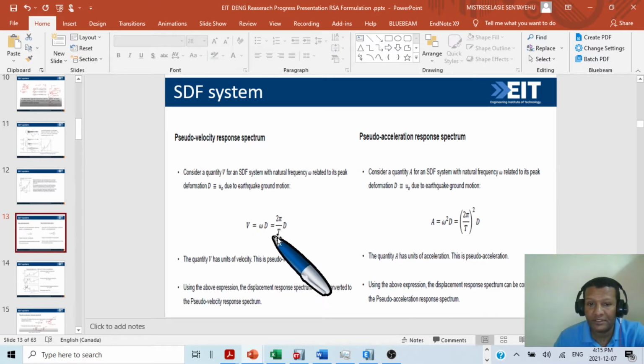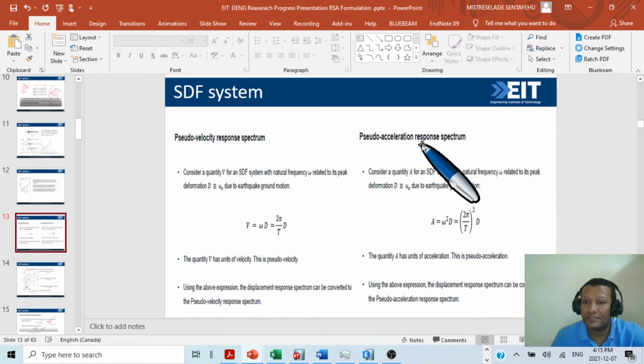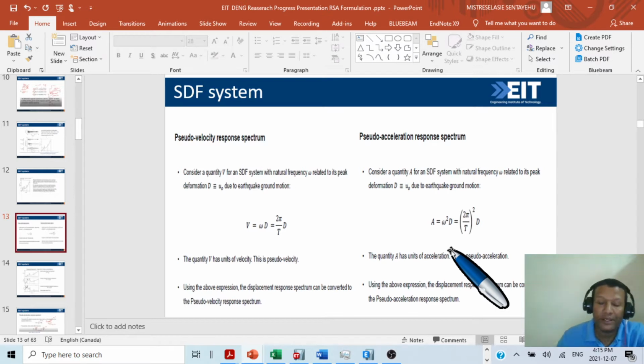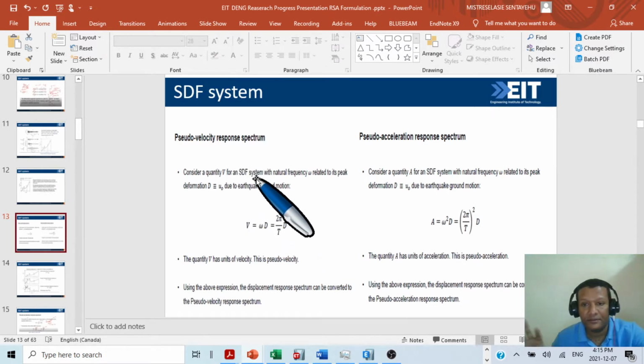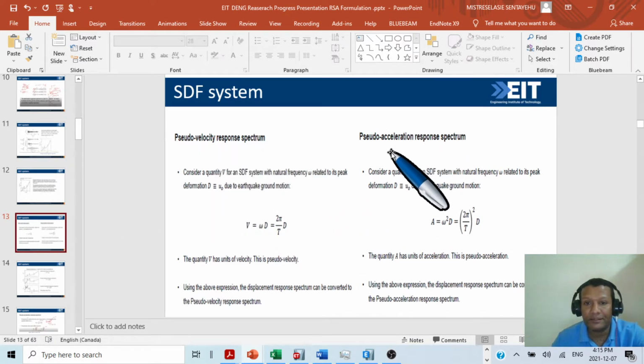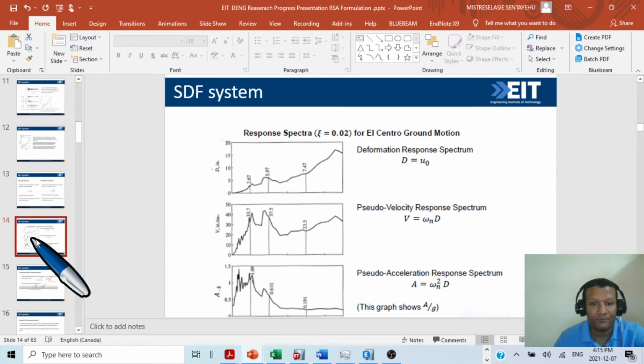Omega is 2 pi over T, so 2 pi over T times D gives us the pseudo velocity. This is how we change it. Again, for pseudo acceleration, omega squared times D gives us the pseudo acceleration. In this way we can directly convert the displacement response spectrum of the single degree of freedom system into the pseudo velocity response spectrum and pseudo acceleration response spectrum.